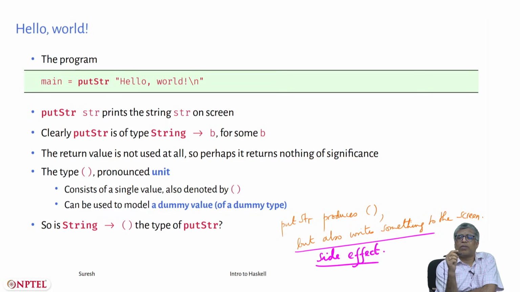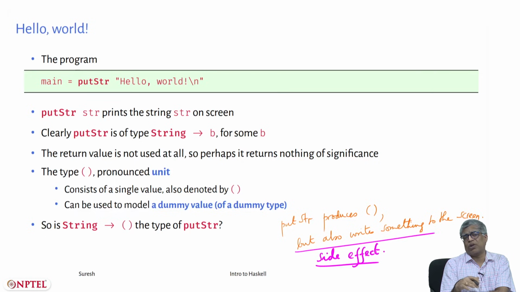And side effects are ubiquitous in other programming languages. You write any program in Java or Python or C, the program could ostensibly be something that computes some number value from a number argument, but in the course of computing it, it could read a file, it could print something to the screen, it could read a value from the user, etc. Okay, so side effects are sort of uncontrolled in other languages.